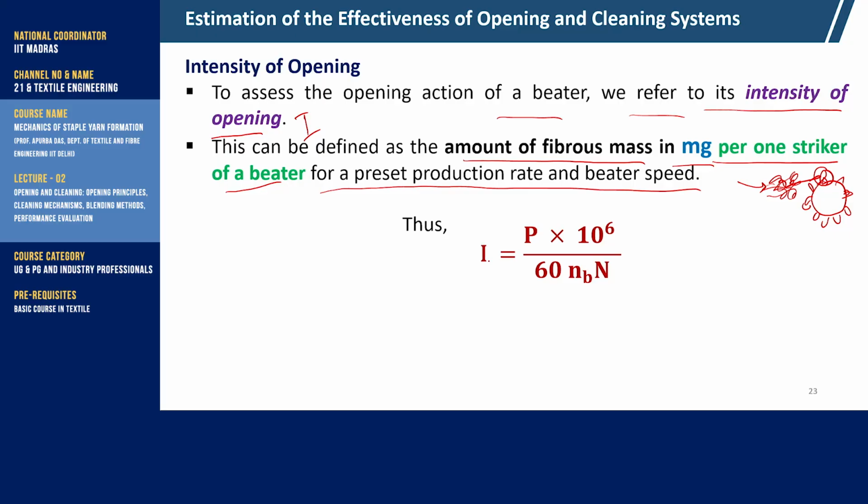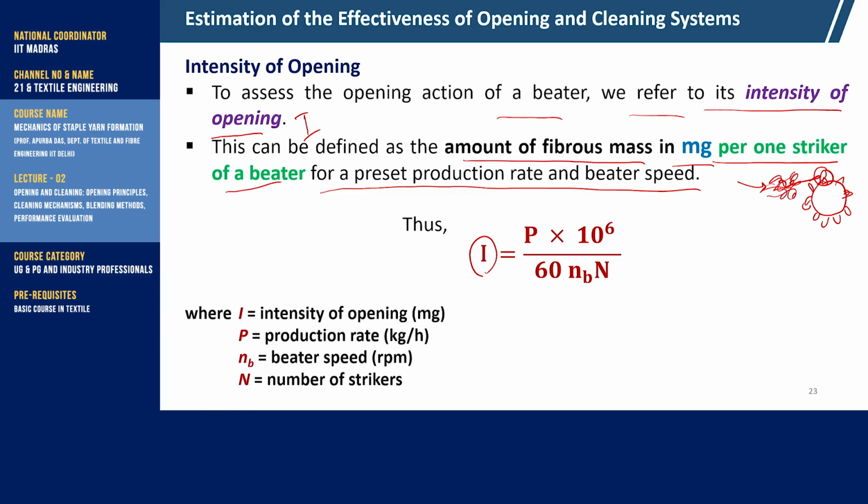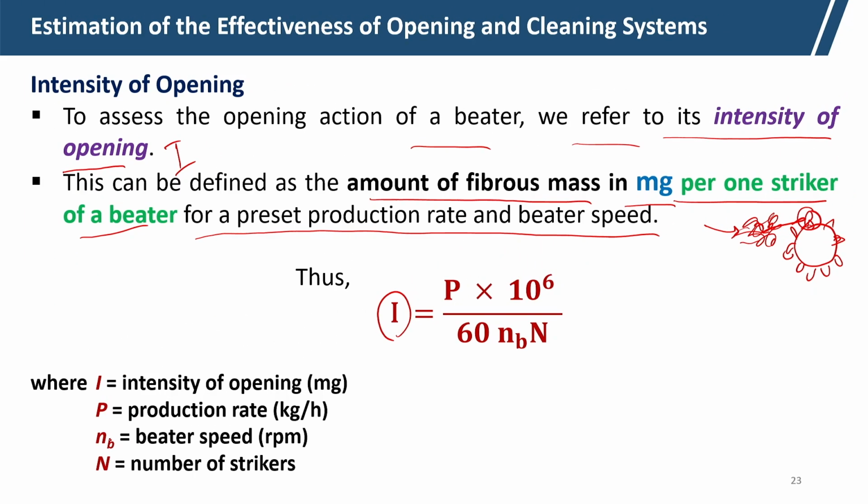Now, you can see here that the intensity of opening I is related to P multiplied by 10 to the power 6, where P is the production rate in kg per hour, and I is the intensity of opening, in milligrams per strike of the beater.